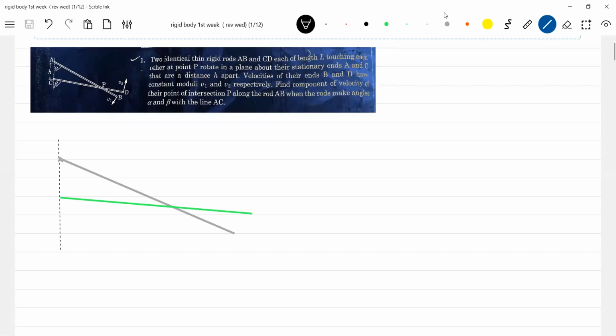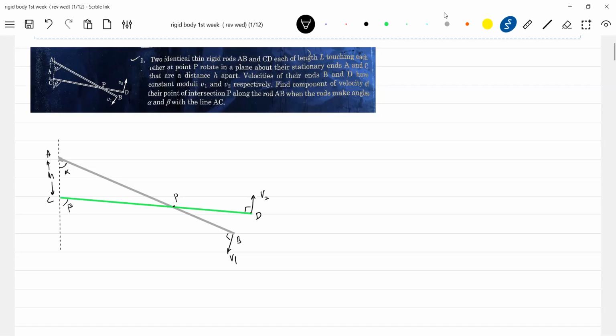Something like that. Let me indicate once. This alpha. This will make an angle beta. This is H. This is A, C, point P. Find the component of velocity of their point of intersection P along the rod AB. This is what our question is asking.